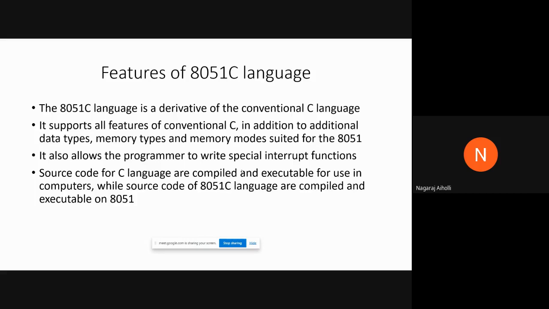That will run the particular application. Suppose you want to run a stepper motor: you have to download the C program you have written into the microcontroller chip and run it. That will make the stepper motor rotate. Like this, there are different applications that are possible with the 8051 C language easily as compared to assembly language.